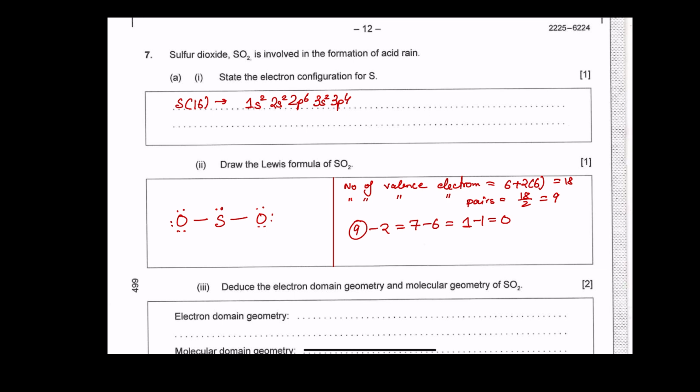Now, if you check, sulfur's octet is not complete yet. So sulfur has 6 electrons in the outer shell. So one of the oxygen atoms will share a pair of electrons with the sulfur. Another piece of information is sulfur belongs to period 3, and any element in period 3 can expand their octet.